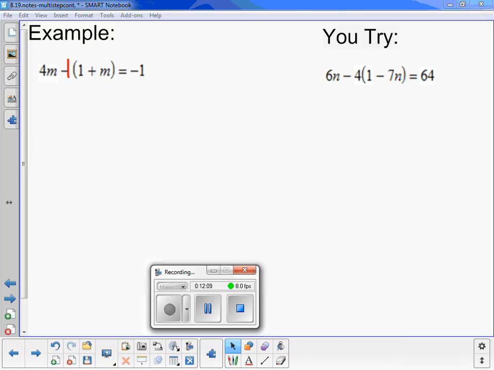So this is like 4m minus 1 times parentheses 1 plus m. So I'm going to rewrite it to make it look a little bit better.